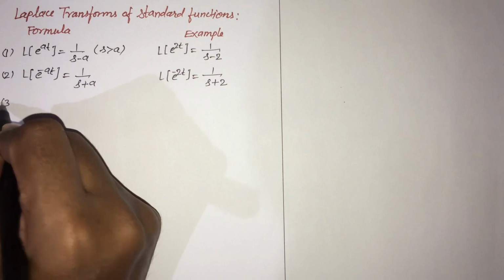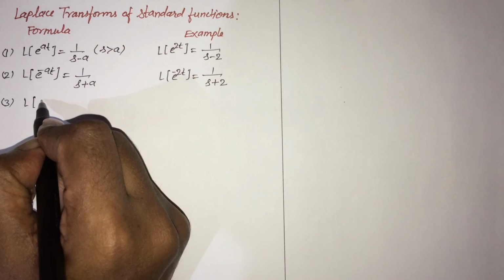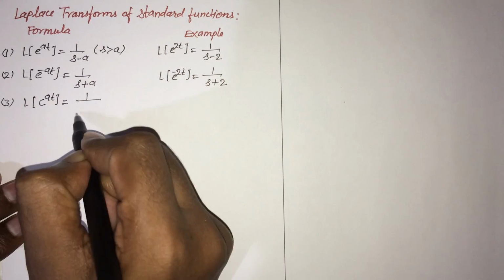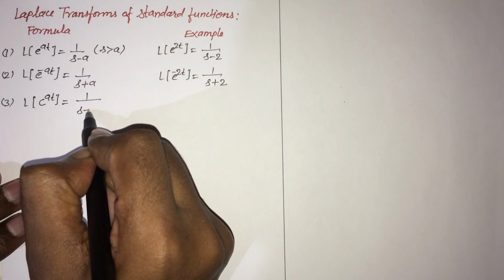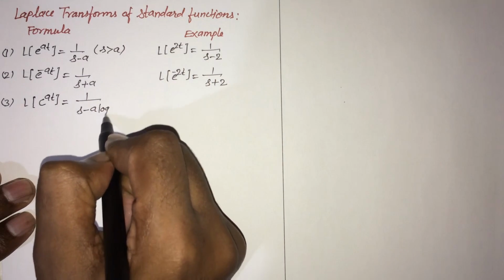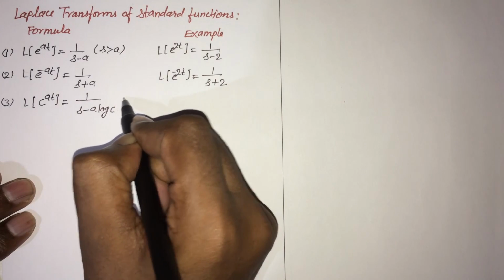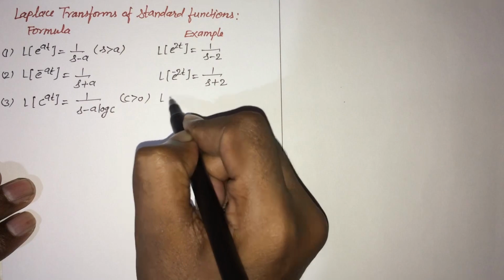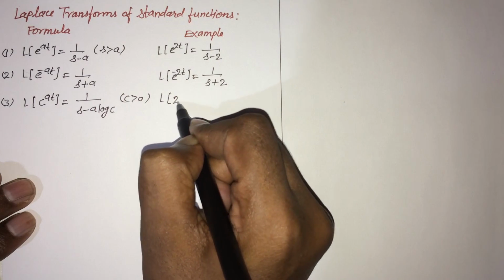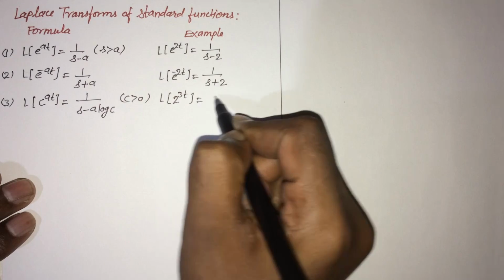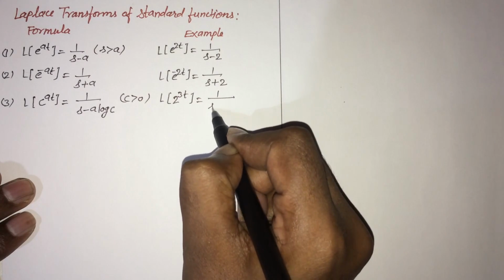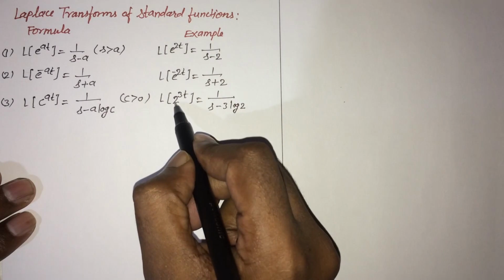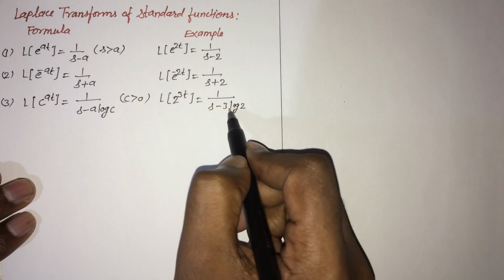And third one, Laplace transform of c raised to at is equal to 1 upon s minus a log c, for c greater than 0. An example, Laplace transform of 2 raised to 3t is equal to 1 upon s minus 3 log 2. Here c is 2 and a is 3.